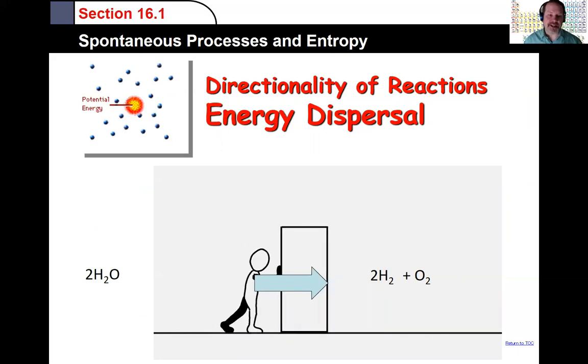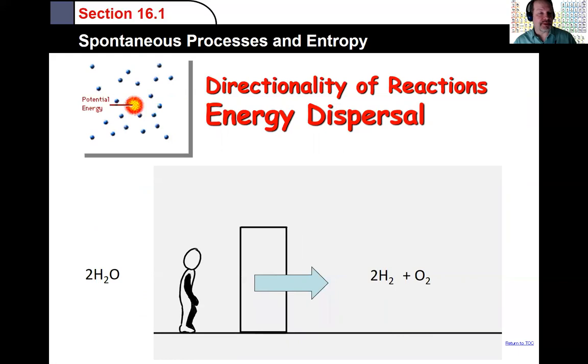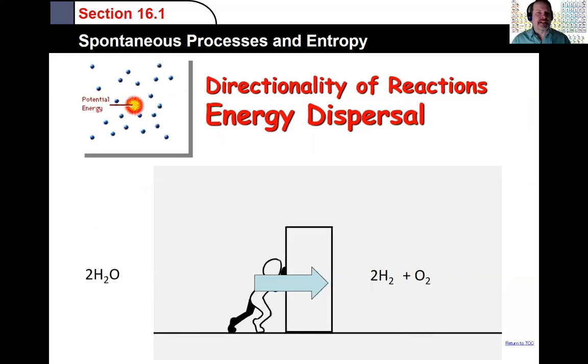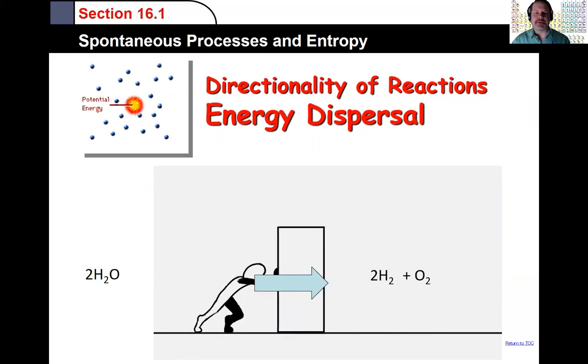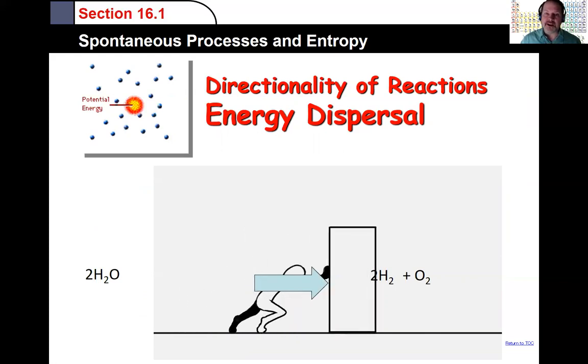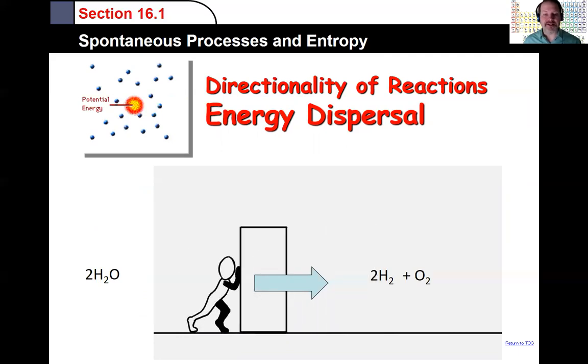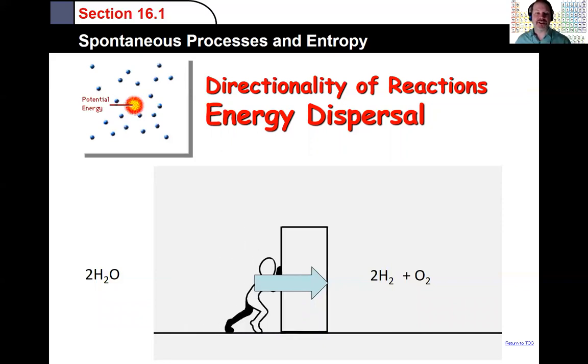So here's an example. Take water, two waters, and they can split apart into hydrogen and oxygen. Usually you've got to put some energy in to make that happen. And as it spreads out, it makes two molecules of hydrogen and one molecule of oxygen. So that's three molecules that it makes in the product stage.